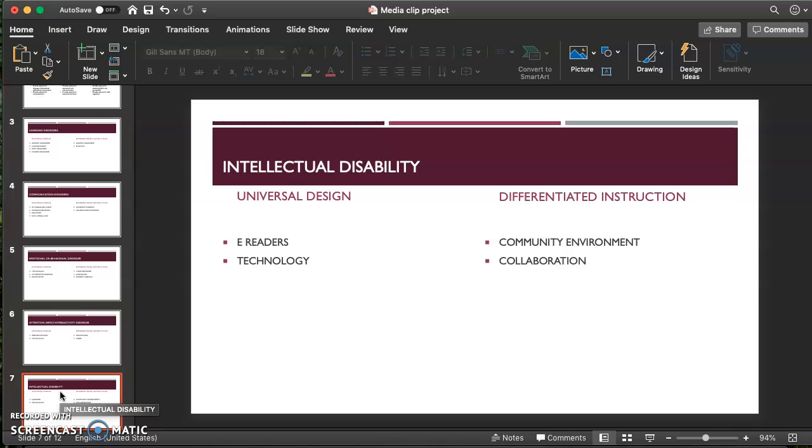Another one would be intellectual disability. So this would be students who have issues, maybe adaptive behavior issues, or issues adapting stuff that they learned over time, or functioning issues, memory issues.